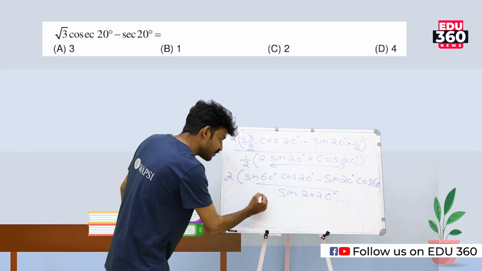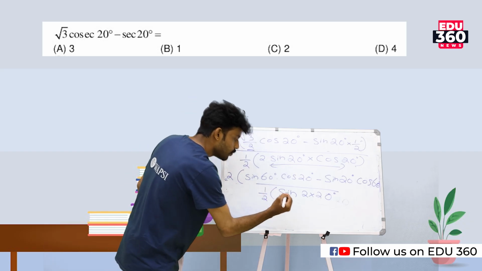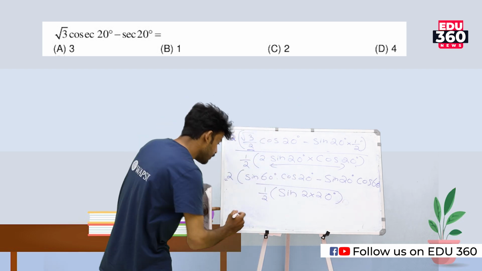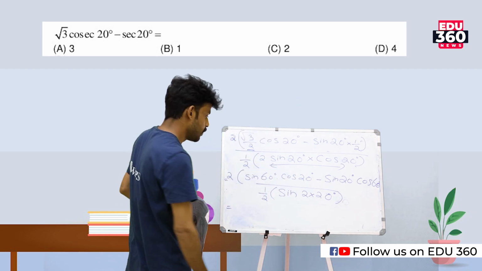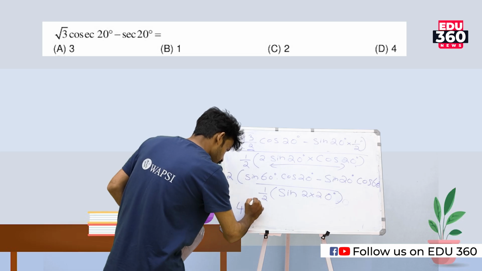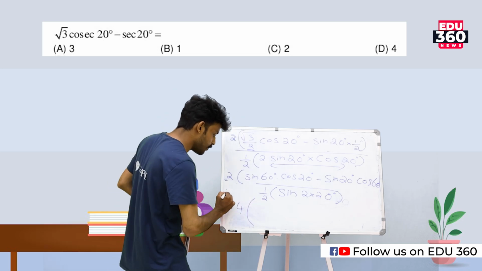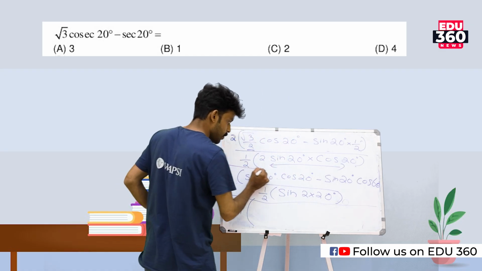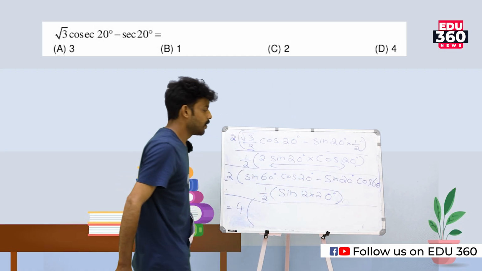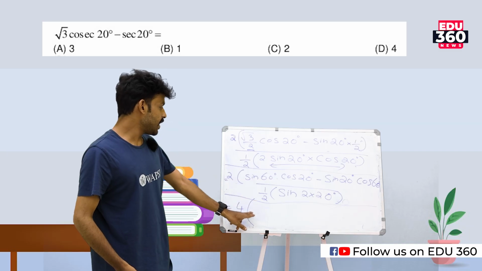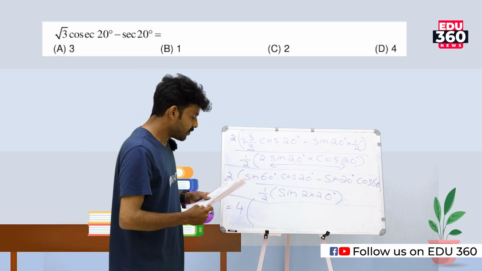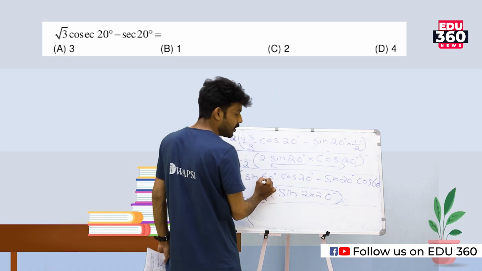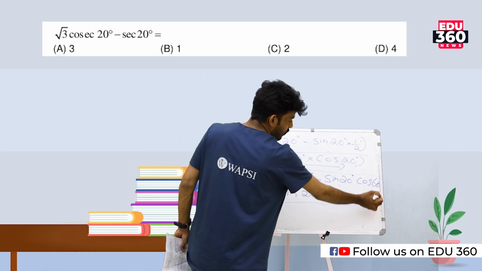So on the next step, it will become 1 by 2, and in the next we can write this equal to 4 into sine 60 degree cos 20 degree minus sine 20 degree cos 60 degree.